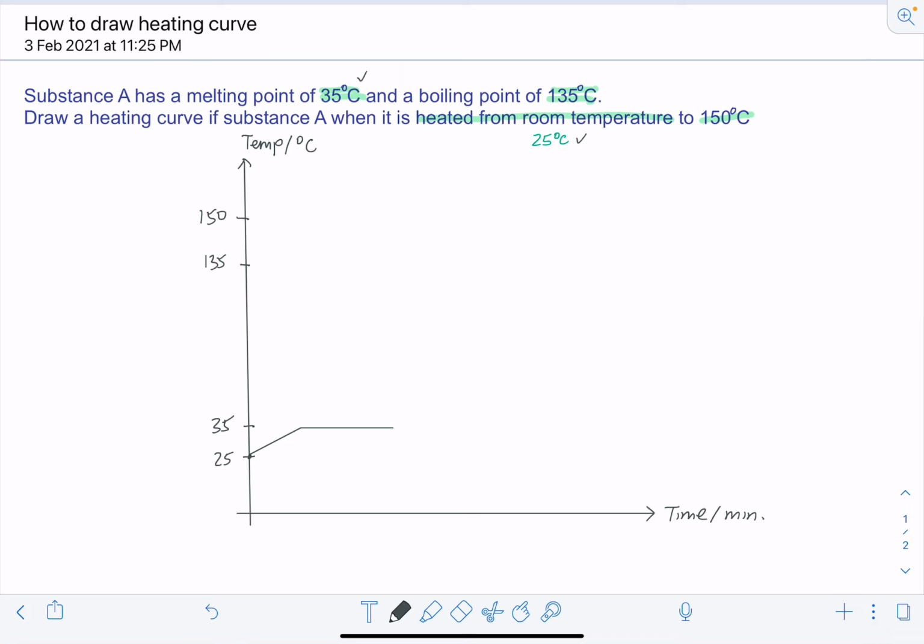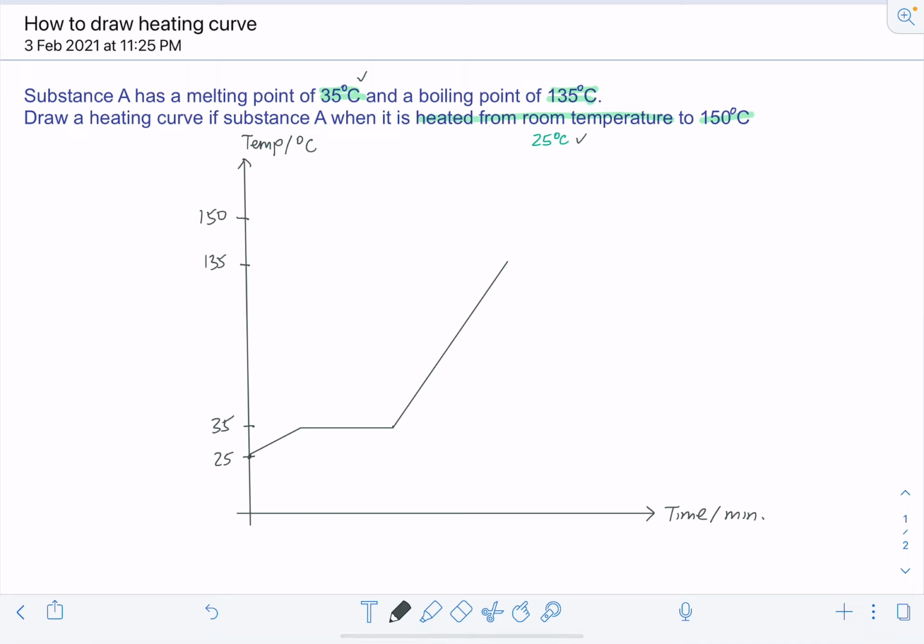Moving forward, after the substance has completely melted, it becomes a liquid, and any further heating will contribute to the rise in temperature of the substance. At approximately 135 degrees Celsius, this is the temperature at which substance A reaches its boiling point.